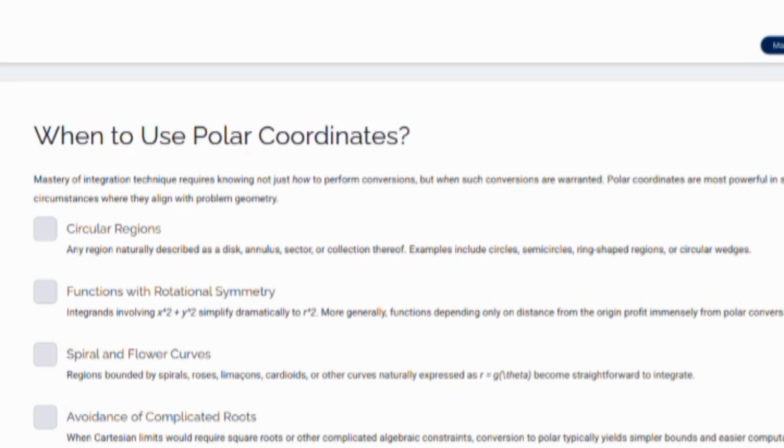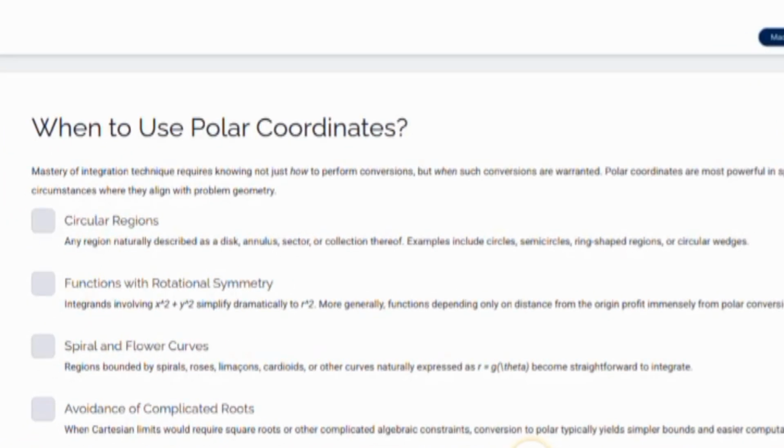More generally, a function that depends only on distance from the origin benefits from polar conversion.